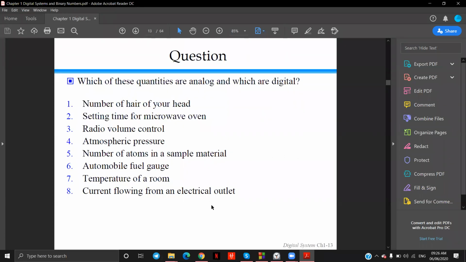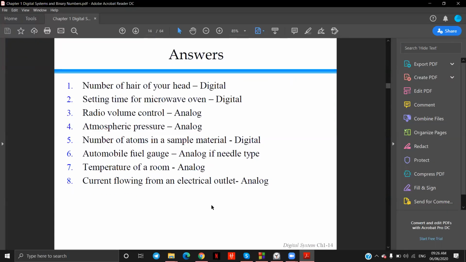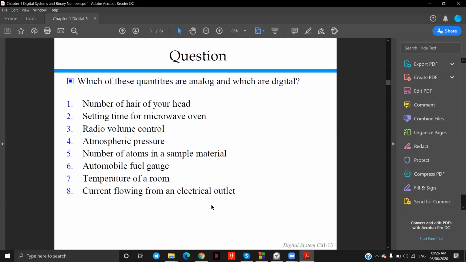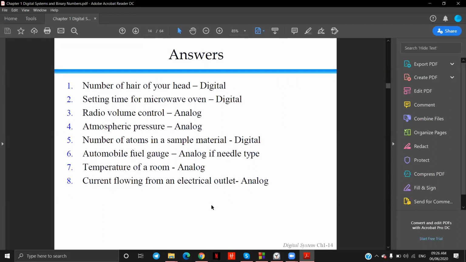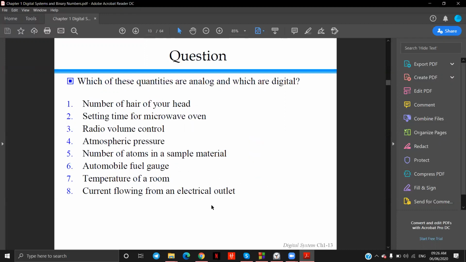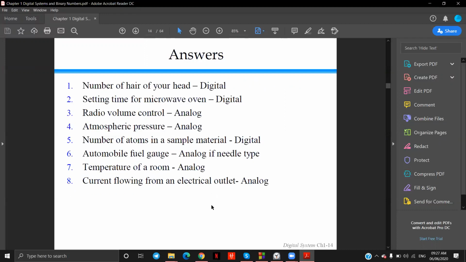Number of atoms in a sample material, it can be counted, so it is digital. An automobile fuel gauge is also analog if it is a needle type. Temperature of a knob is also analog. And the current flowing from an electrical outlet is also an example of an analog system.